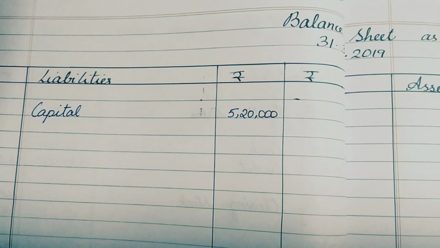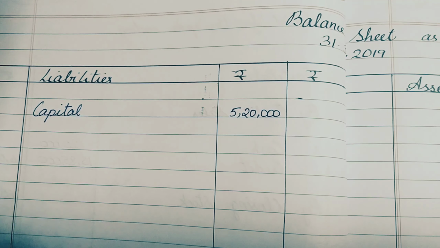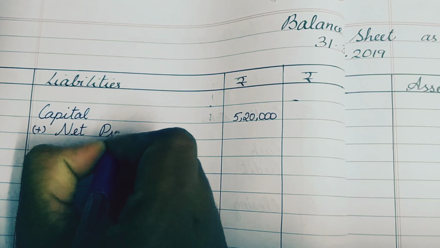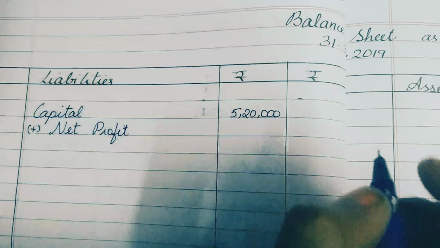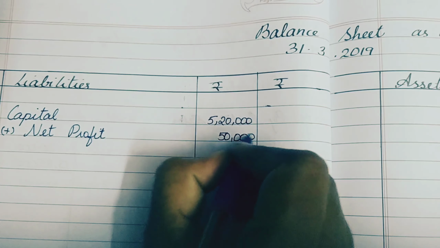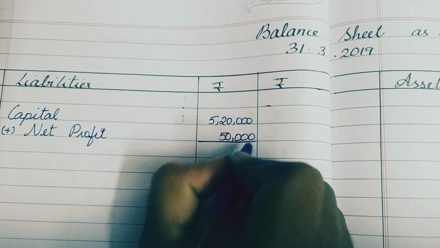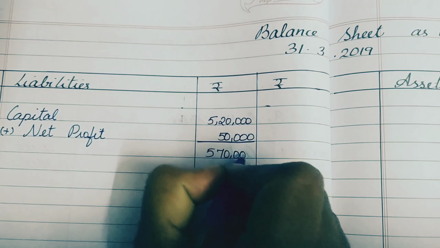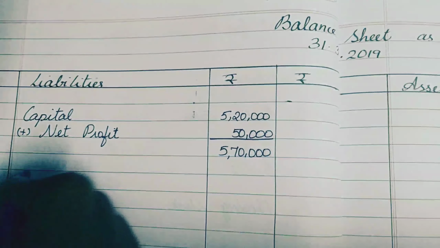After this, if there is a net profit, it's going to be added along with the capital. So we also got a net profit. I'm going to add the net profit of rupees 50,000 along with the capital, and I'm going to write it in the inner column, 5,70,000. Why? Because I have drawings given in the problem.